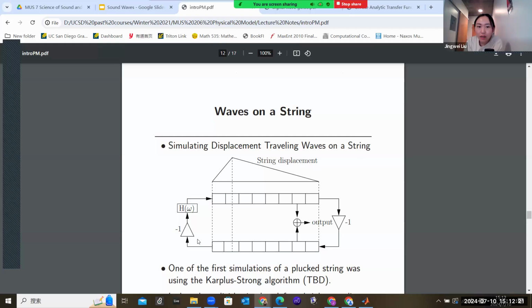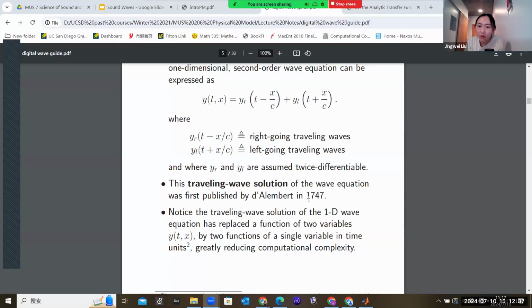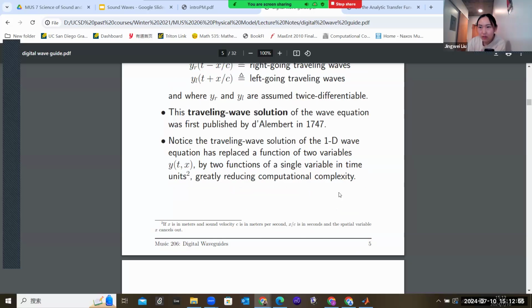This kind of digital waveguide and physical modeling was largely developed at CCRMA around, I would say, 1950. So it's actually not a quite old technique, but the wave solution is quite old, from the 18th century. After 200 years, when computers became popular, people used this physical solution to simulate sound by computer.